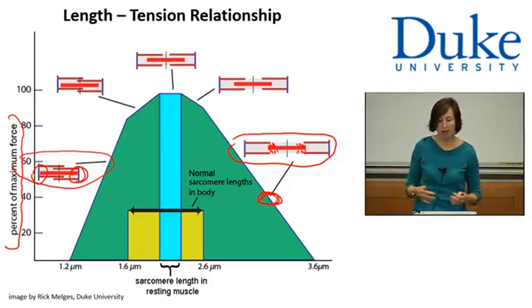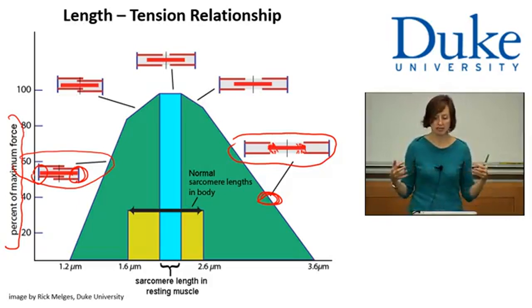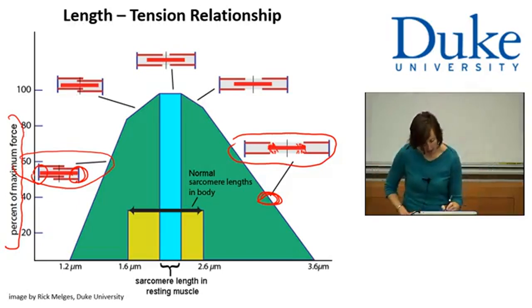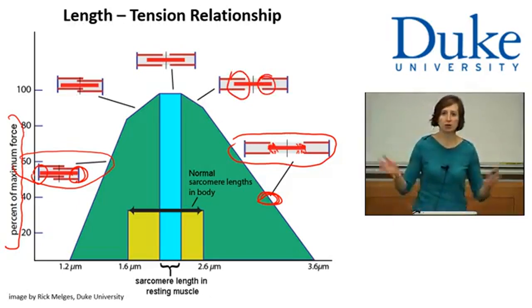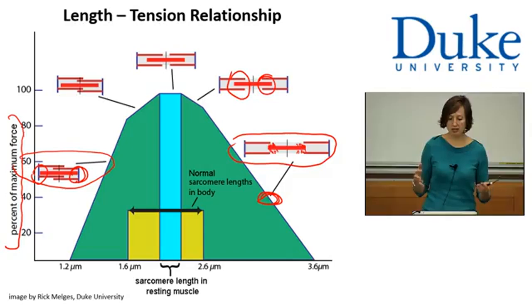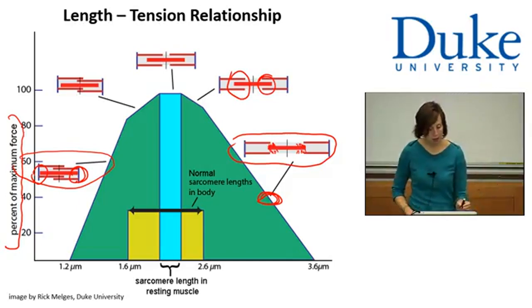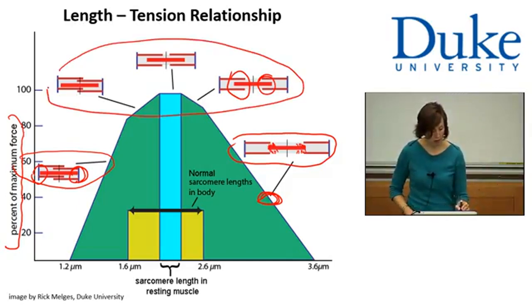So it makes sense that the sarcomere needs to be stretched enough that there's still some room for contraction in order to form some force, and not overstretched, so that the myosin heads can still fully contact the actin in order to contract. And so these are the states that produce the most force.